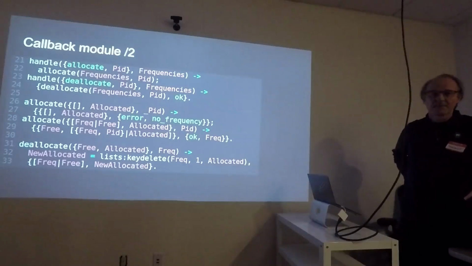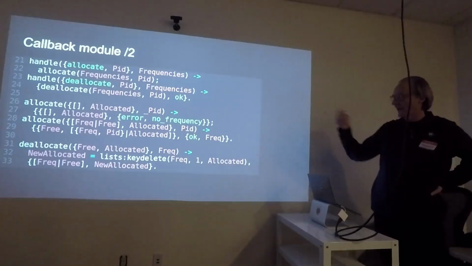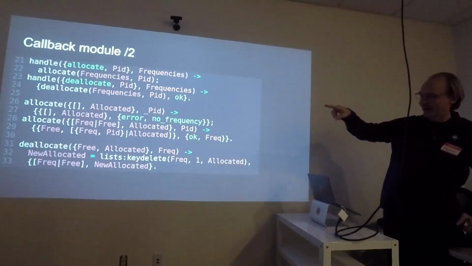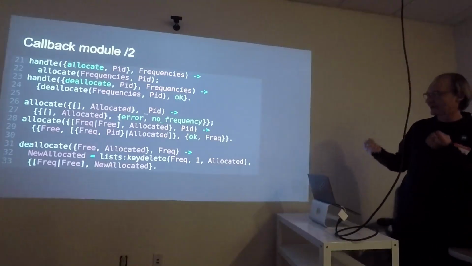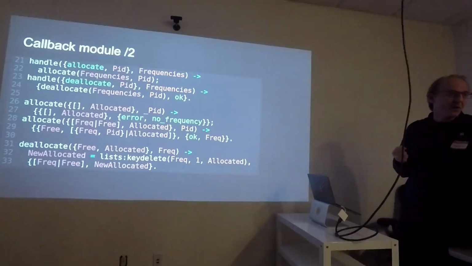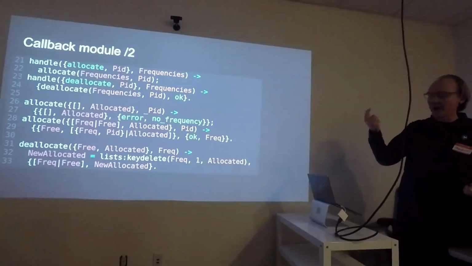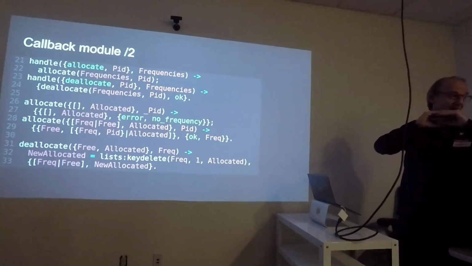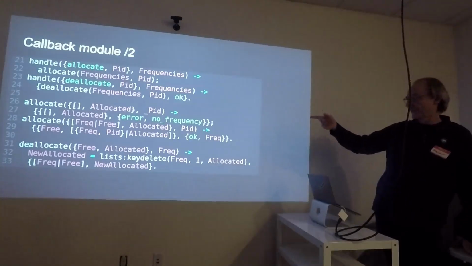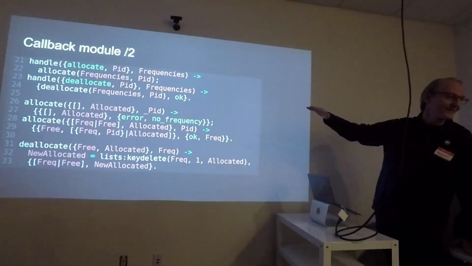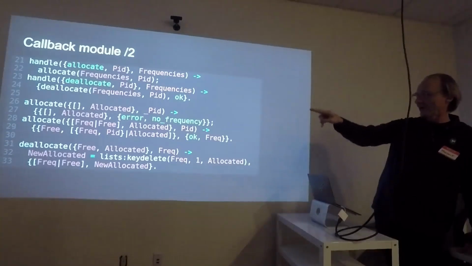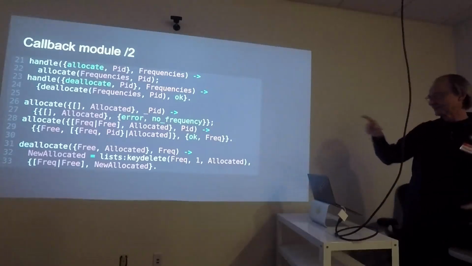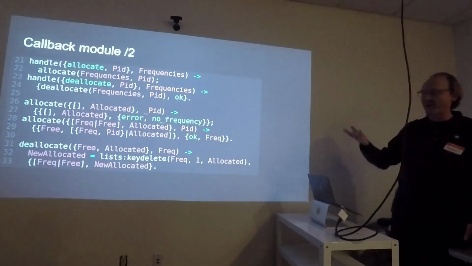But basically what it does on allocate, the first step in line 26, is I'm calling allocate, and my state is an empty array. So I'm all out of frequencies, and then the allocated list and the PID, which I don't use. That's why it's underscore. In that case, I will return what I got, the frequencies together with the tuple error and no frequency.